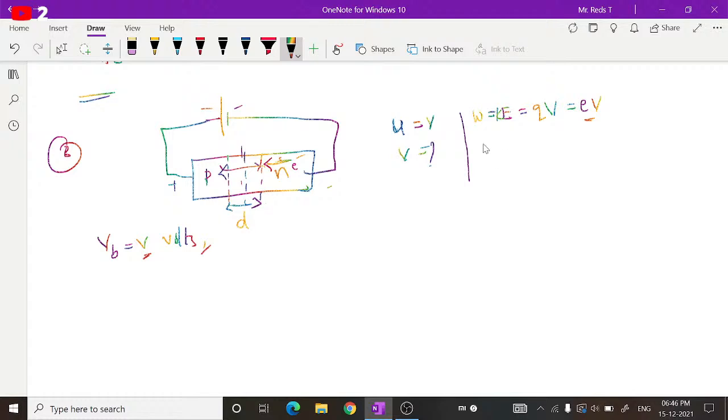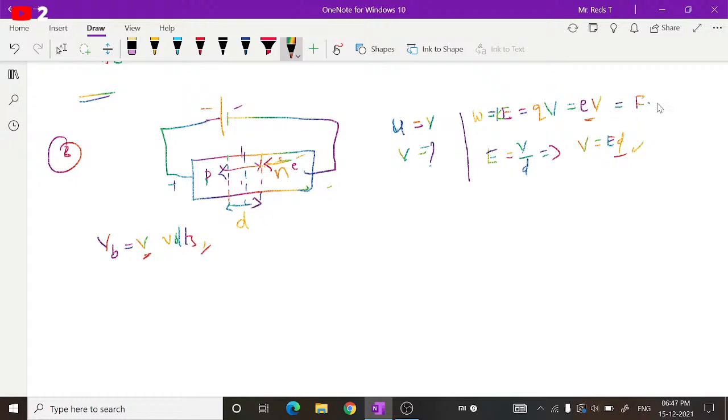There is also a relation between the potential and the electric field generated due to it: electric field E = V/d, so V = Ed, but we don't need the electric field part here. This energy is equal to work done, which is nothing but force into displacement.